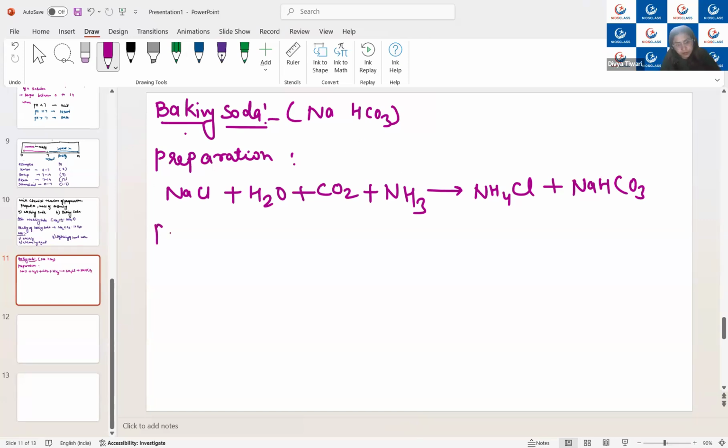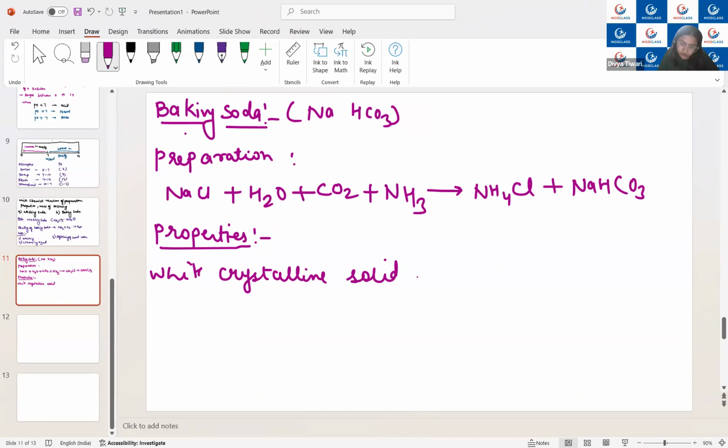Properties: white crystal, soluble in water.